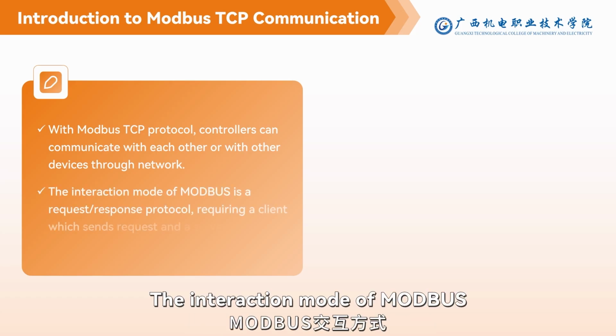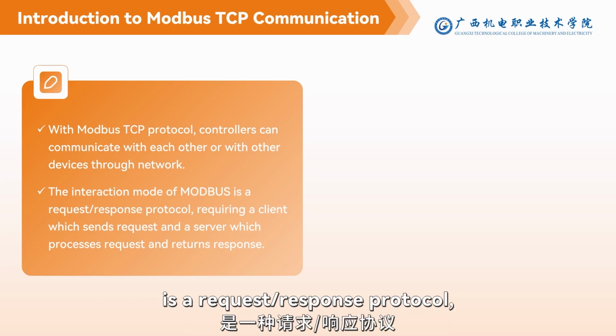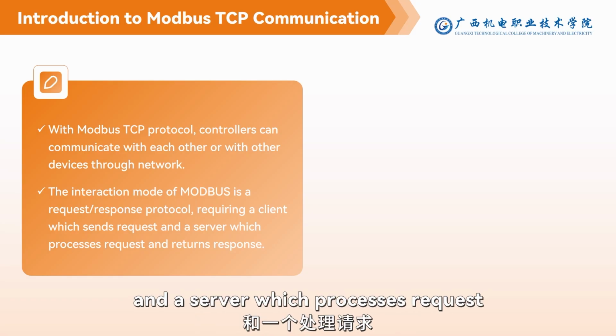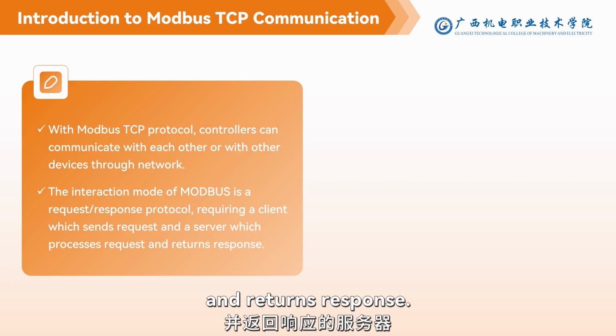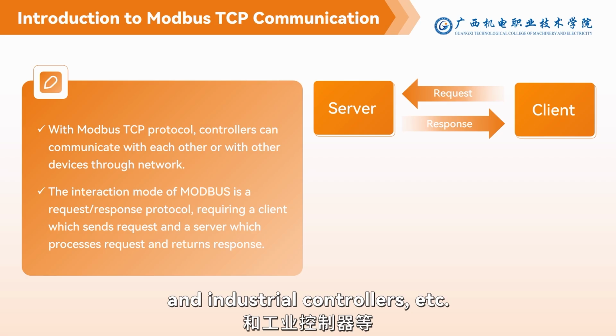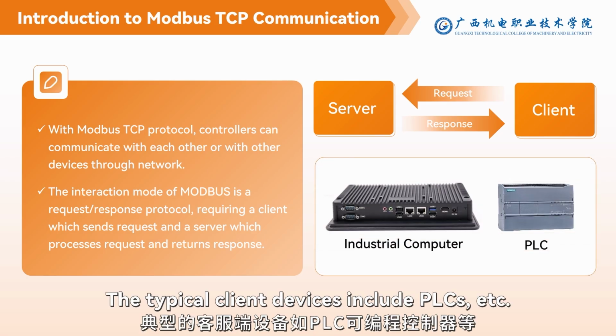The interaction mode of Modbus is a request-response protocol, requiring a client which sends request and a server which processes request and returns response. The typical servers include industrial computer and industrial controllers, etc. The typical client devices include PLC and other devices.